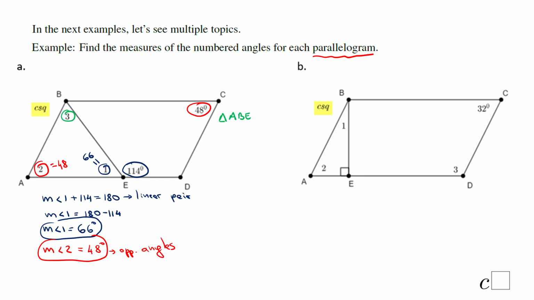And if you remember, the sum of the measures of the interior angles of a triangle is 180.